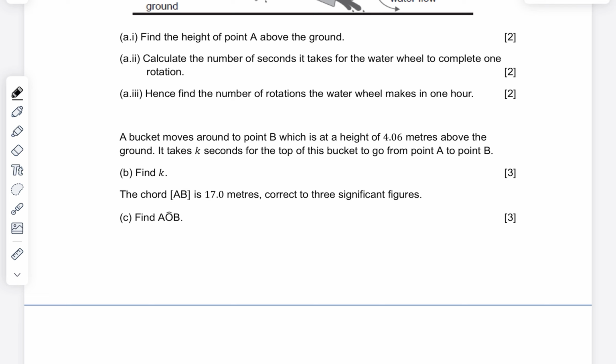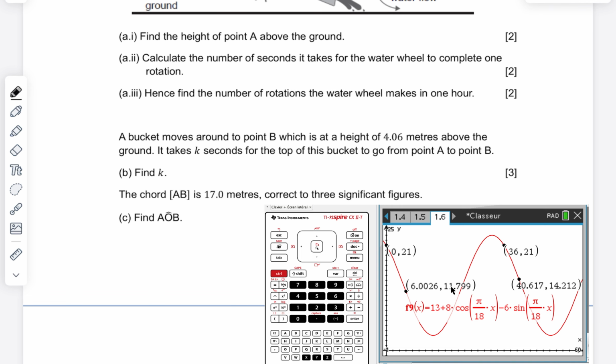So on the graph, I've put in 4.06 as my height, and actually it takes 11.651 seconds.